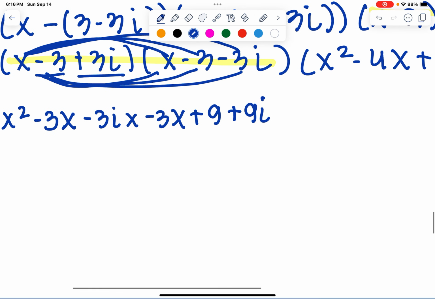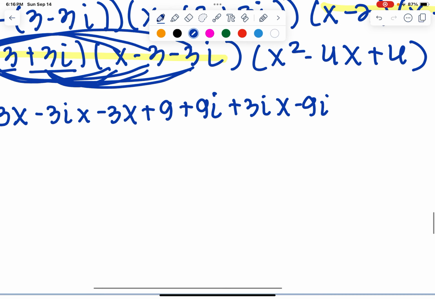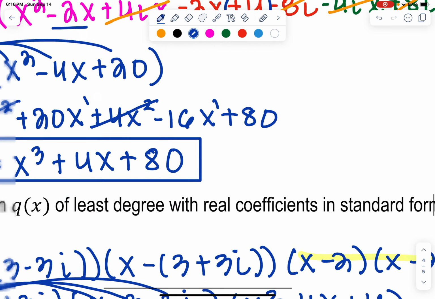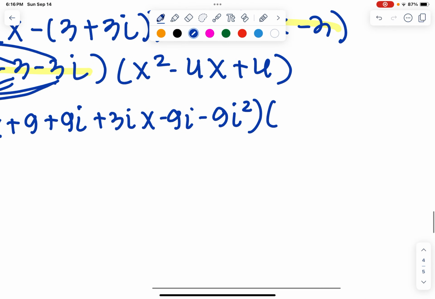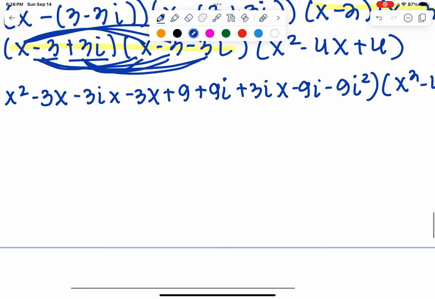Now I'm going to distribute this 3i. That's positive 3ix. That's negative 9i. And this is minus 9i squared. And then don't forget your x squared minus 4x plus 4. All right, clean up this first set here.